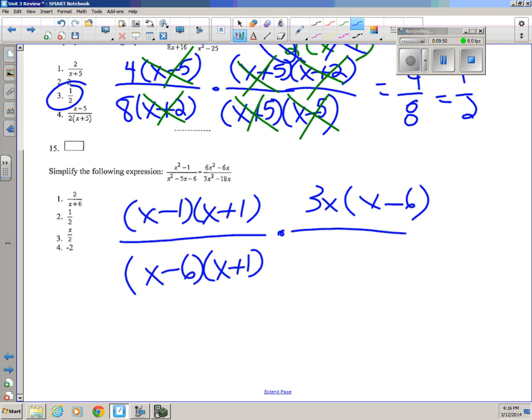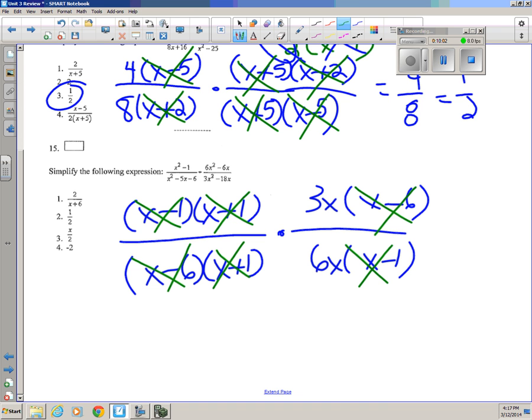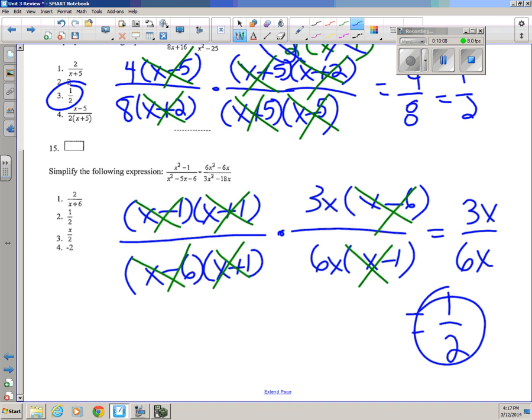The new denominator becomes a GCF, 6x, with an x minus 1. Let's see here. Minus 1 to minus 1, plus 1 to plus 1, minus 6 to minus 6. So you end up with 3x over 6x, which is just a half. Both are the same answer.